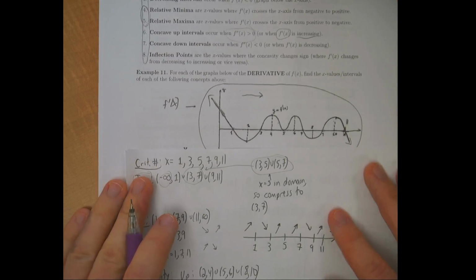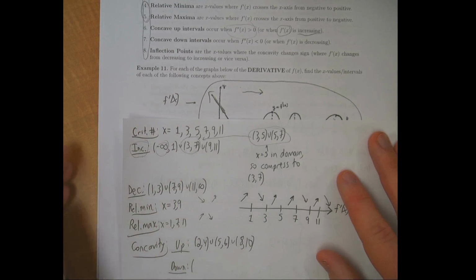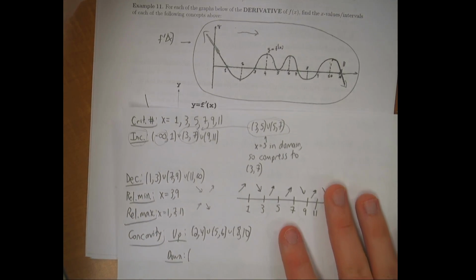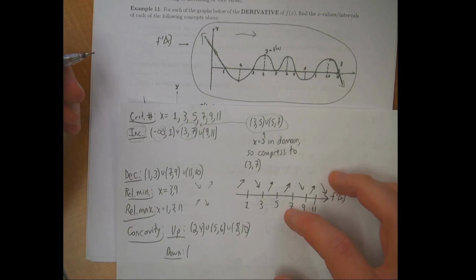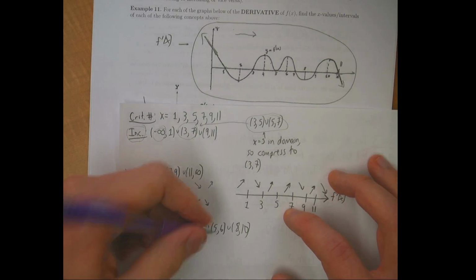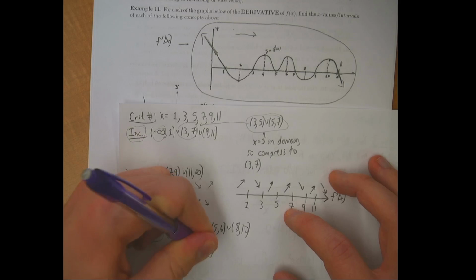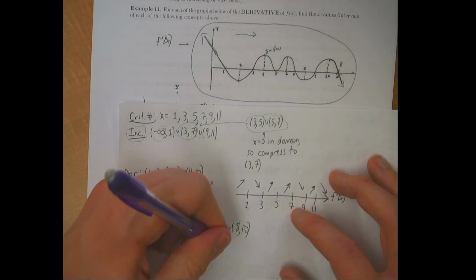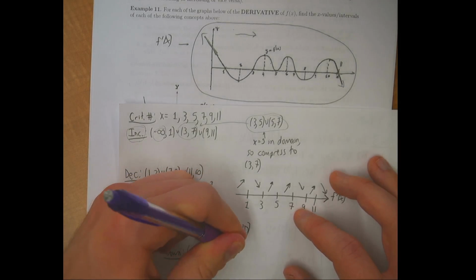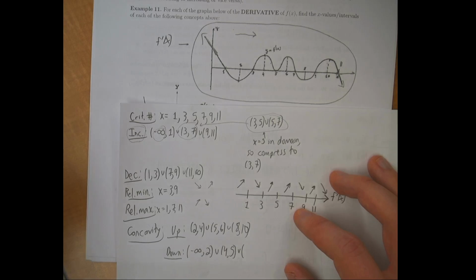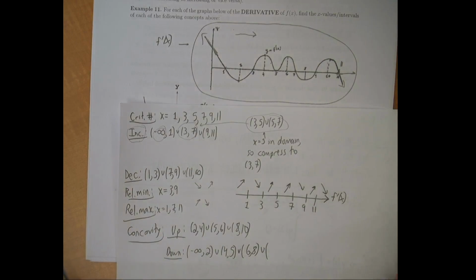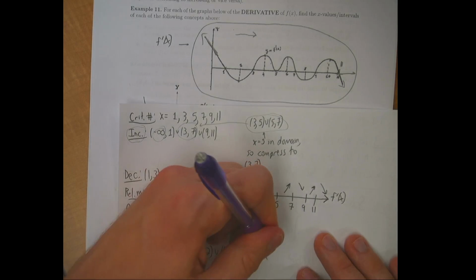Negative infinity to 2. Yep, negative infinity to 2. And then someone else, what would the next one be? 4 to 5. And next one? 6 to 8. And then last one? 10 to infinity. Good.